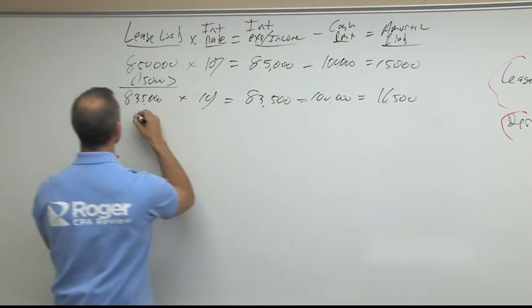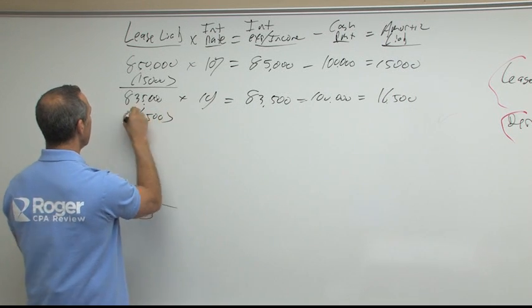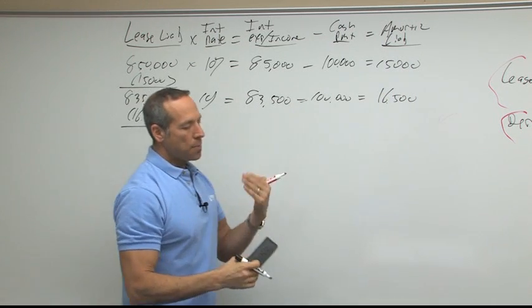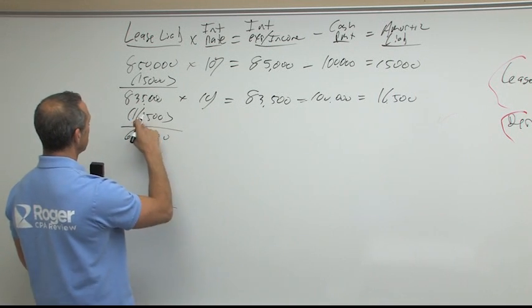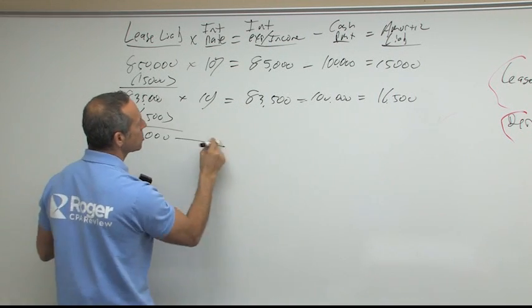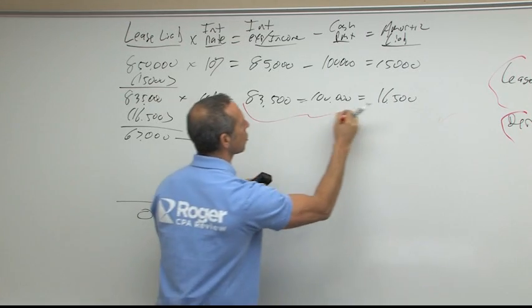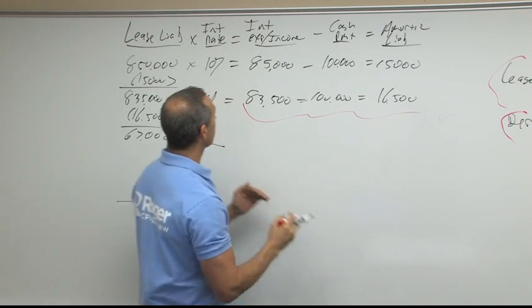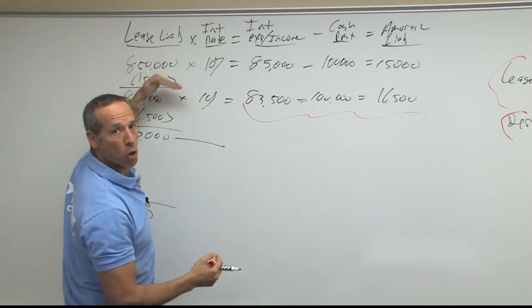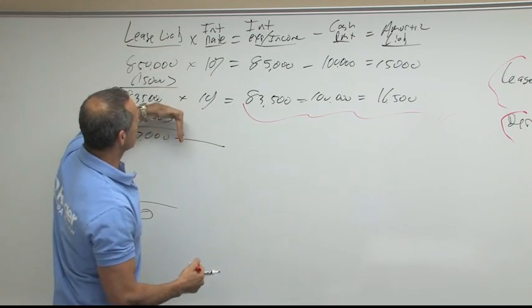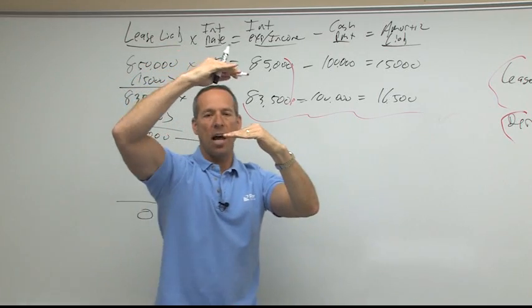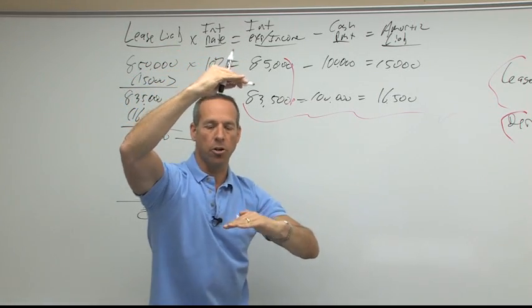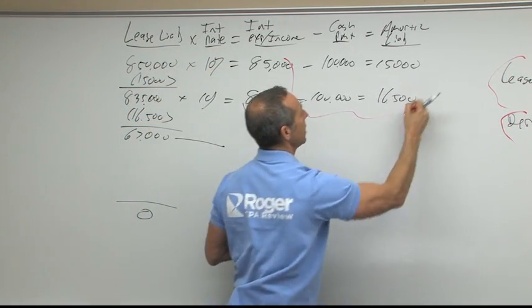So if we take out 16,500, and again, we just keep getting smaller, gives us about 818,500. So you could just keep going and do the whole thing. Notice the journal entry comes out of here. Now, as I showed you earlier, here it starts big, then smaller, smaller, smaller. As this gets smaller times the same interest rate, this gets smaller. It's 85, 83.5, 81.85, and the payment stays 100. This difference every year gets what? Gets bigger.